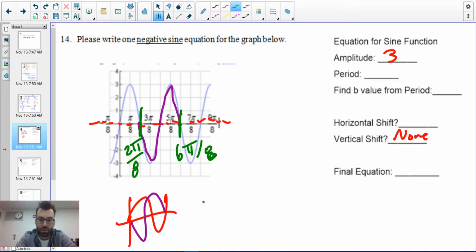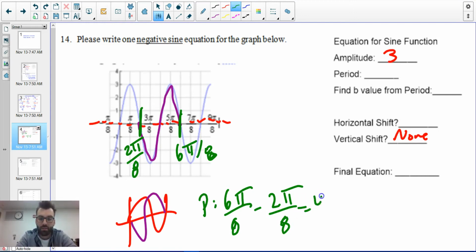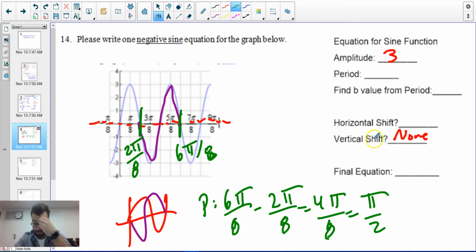To find my period, I do 6 pi over 8 minus 2 pi over 8 to get 4 pi over 8, which is pi over 2. So my period is pi over 2.